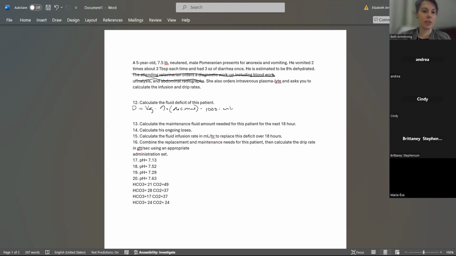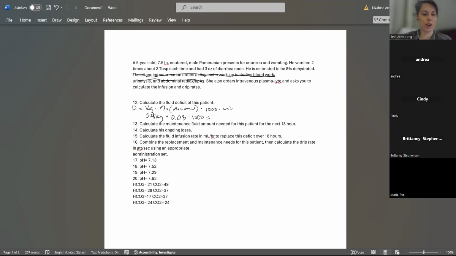Okay. So in this case, we have a 7.5 pound Pomeranian. How do we get that into kilograms? Divide by 2.2. Good. So we have 3.4 kilograms. And then they're dehydrated at 8%, so we're going to change that into a decimal and multiply that by 1,000.